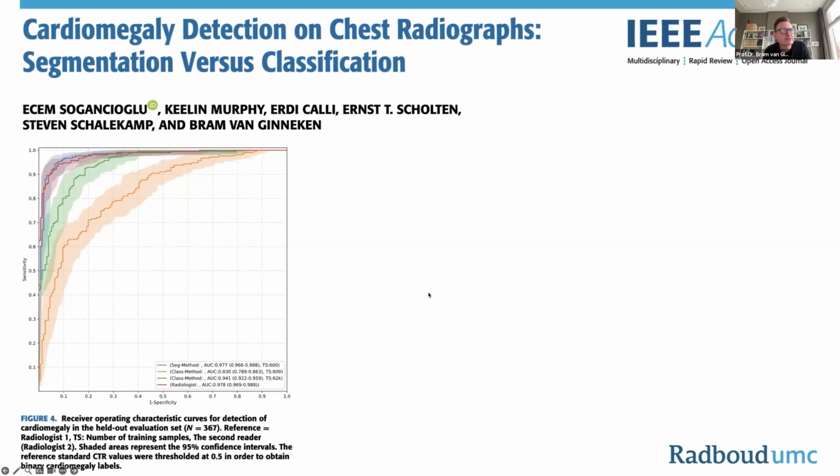And in fact, we did a study a couple of years ago where we looked just at detecting cardiomegaly. And we also checked how well radiologists could do that. And on this data set, you see that radiologists achieve an area under the curve of 0.98, which means that they have both sensitivity and specificity around 93, 94%.